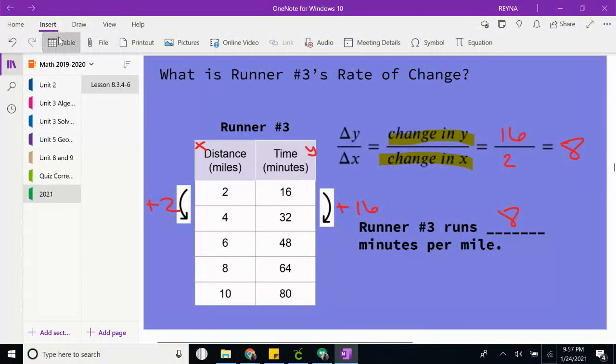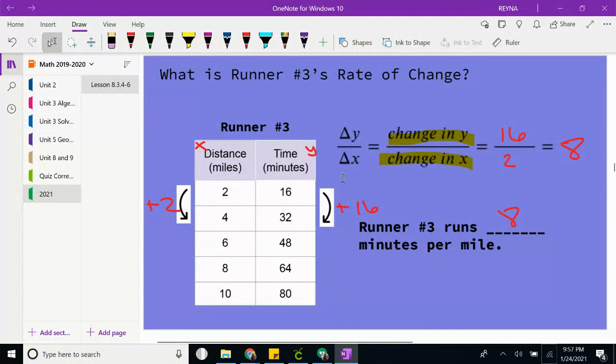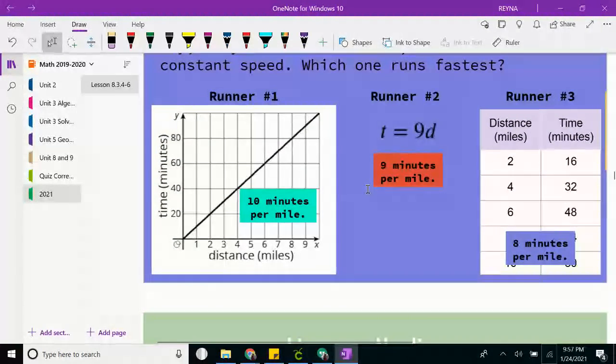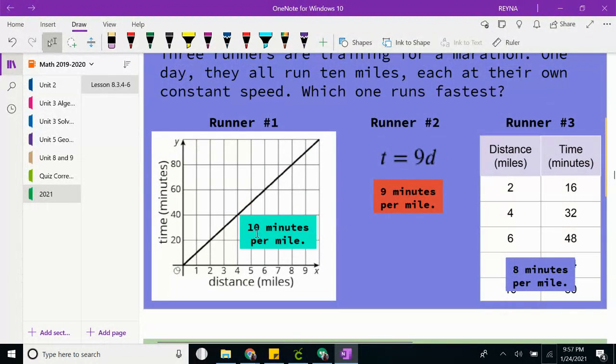So let's compare all of these people. We got runner number 1, which can run in 10 minutes, runner number 2, which can run in 9 minutes, and runner number 3, which can run in 8 minutes. Which person is the fastest?